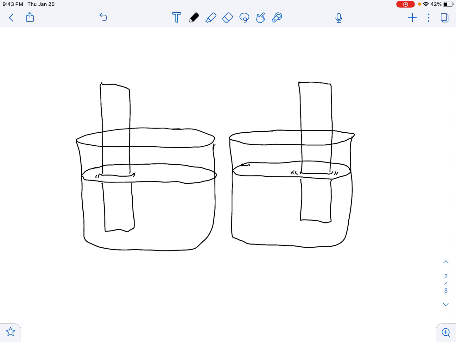Oh, hang on, I've got to do my erasing. Make it look like an actual chunk of metal sitting in there. You're going to have a piece of wire connecting the two, and then you are going to have your salt bridge.